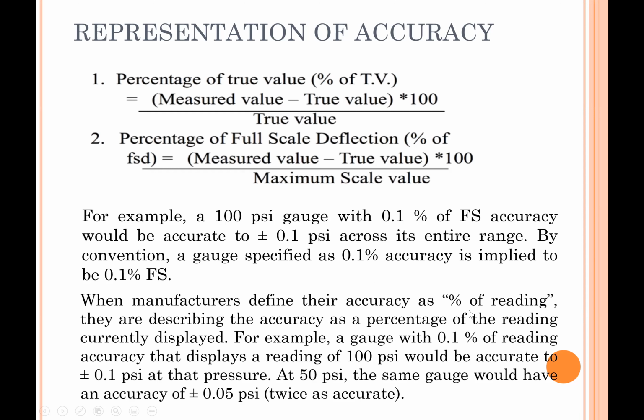So percentage of reading का मतलब ये हुआ, अगर हमने कहा 0.1% when the reading is 100 psi, तो वो जब 100 psi शो करेगा तब प्लस माइनस 0.1 psi will be the error, but when it is going to be 50 psi, the same gauge would have plus minus 0.05 psi. कहने का मतलब ये है that when we are defining it in terms of percentage of reading, it can change as the reading is changing. उसकी accuracy 50 psi measurement पर कुछ और होगी और 100 psi पर कुछ और होगी, 90 psi पर कुछ और होगी.